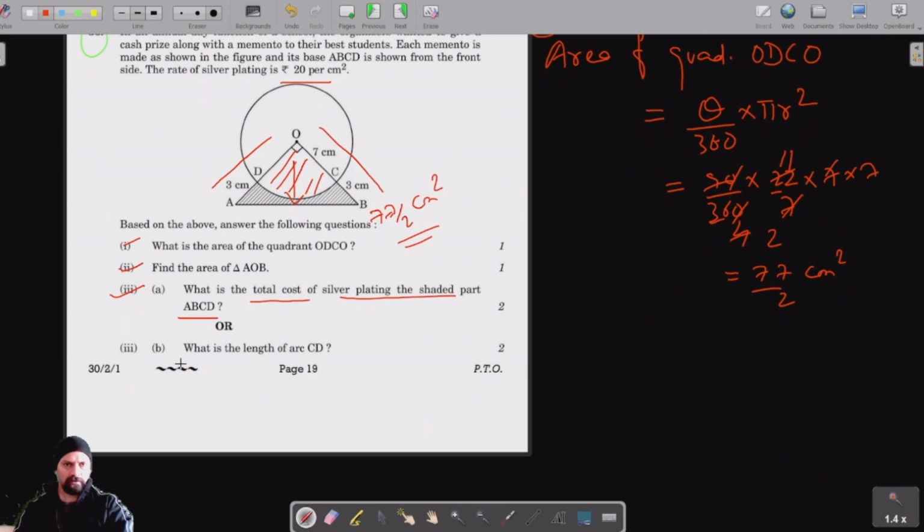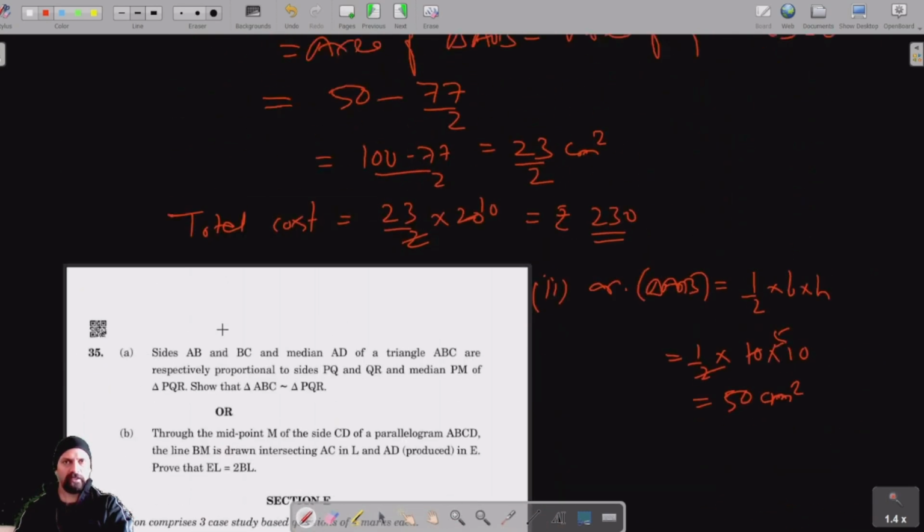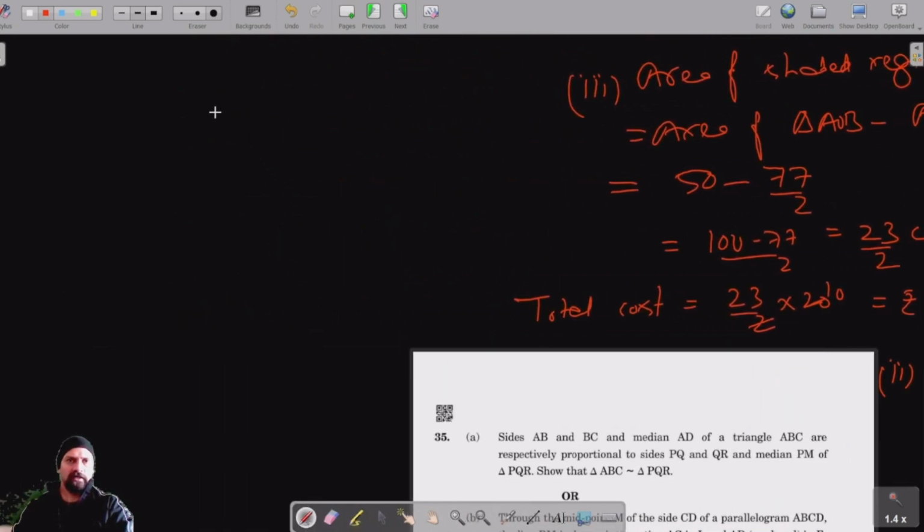Okay, now for part B, we have to find the length of the arc CD. The length of arc CD is by the formula theta by 360 into 2 pi r.